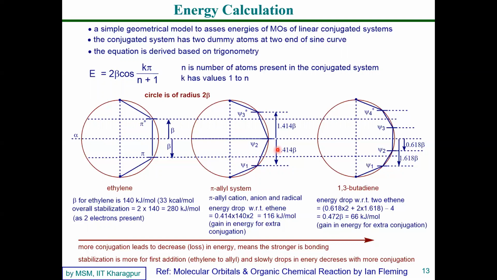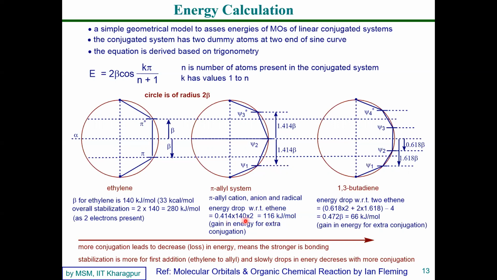Now for this whole set of molecular orbitals, whether it is a pi allyl cation, pi allyl anion or radical, for the cation 2 electrons come there. So total stabilization, how much? 2 times 1.414, so total it will be 2.8 something. With respect to ethylene, how much additional gain are we getting because of one more pi atomic orbital through conjugation?